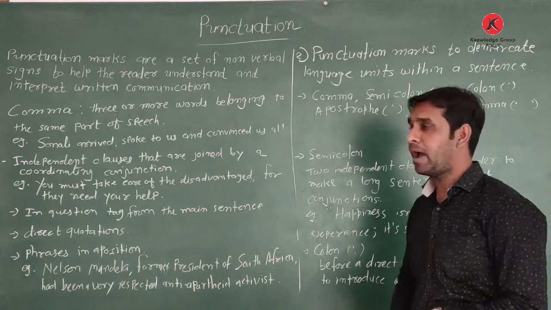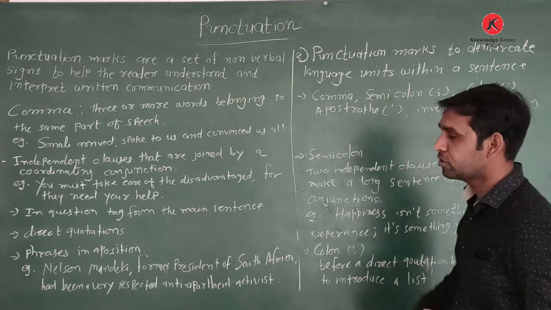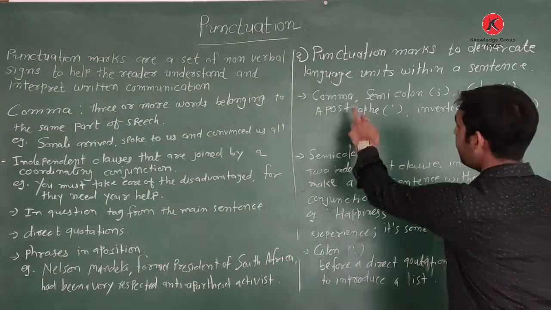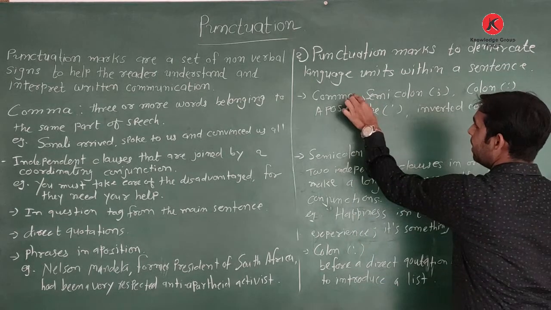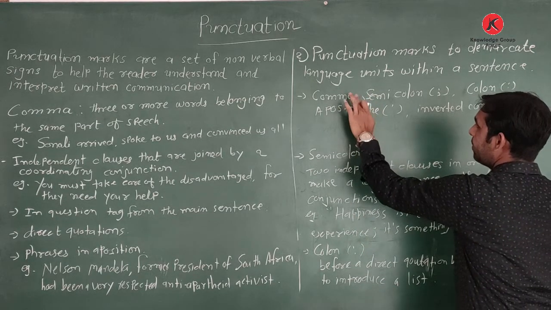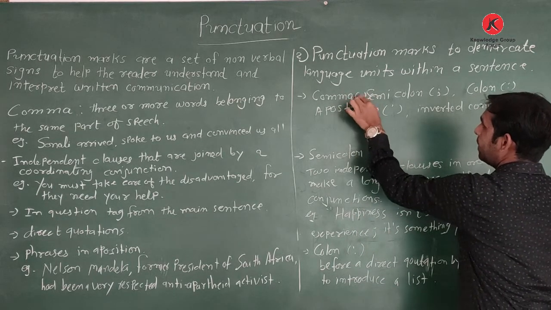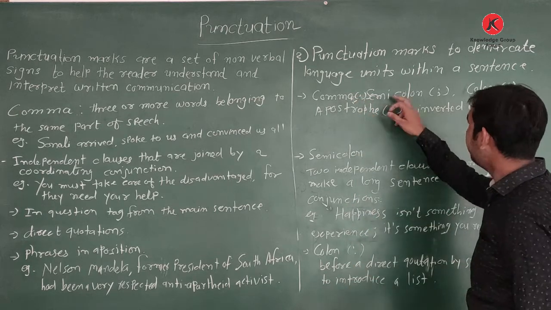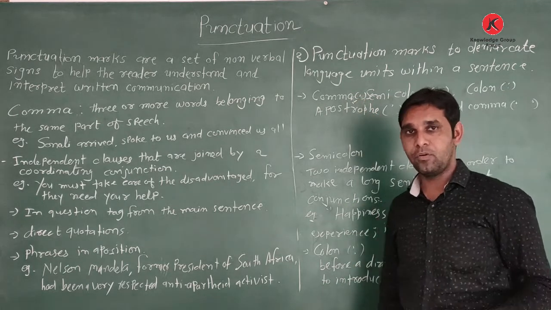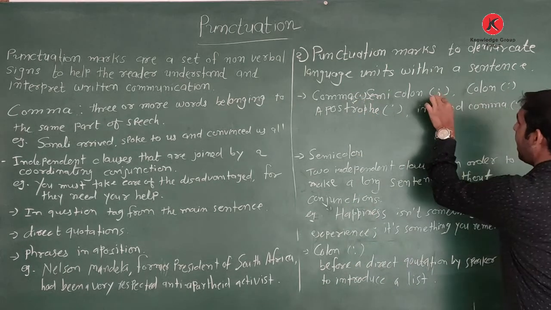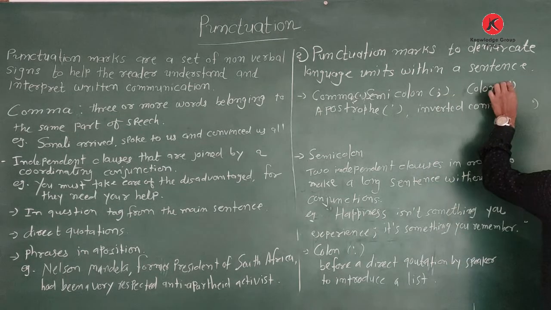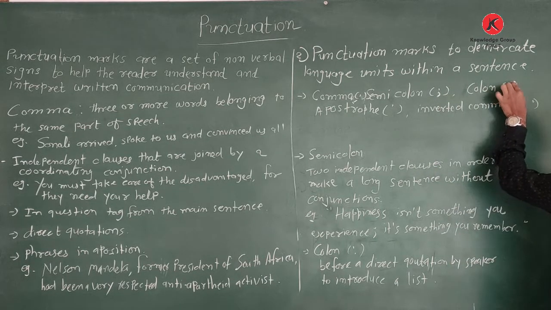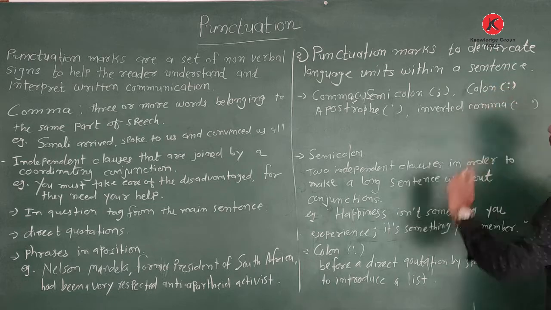Which are the punctuation marks in this part? See here. First, the comma; I put the comma symbol in brackets. Then the semicolon, one dot and a comma, is called a semicolon. Then comes the colon, whose symbol is two dots in a row.